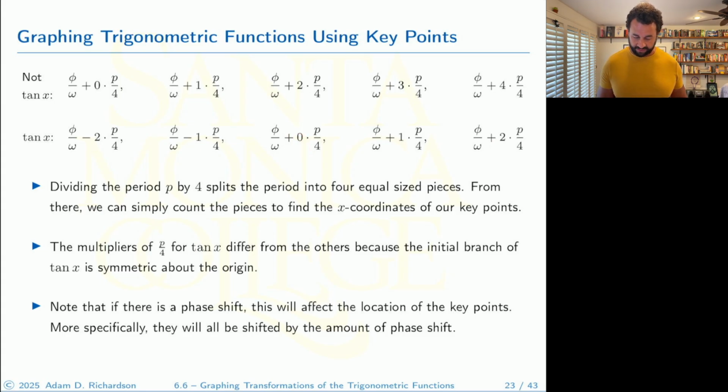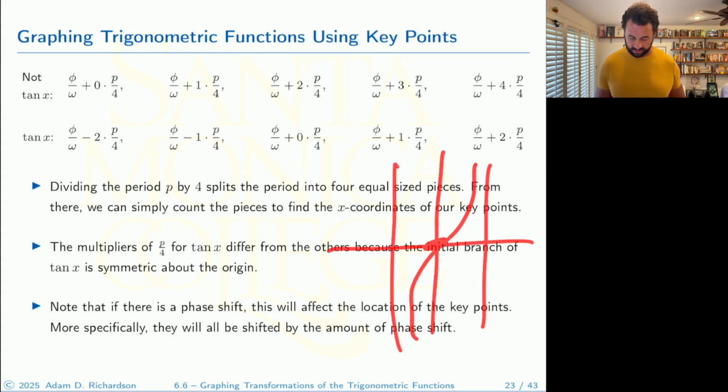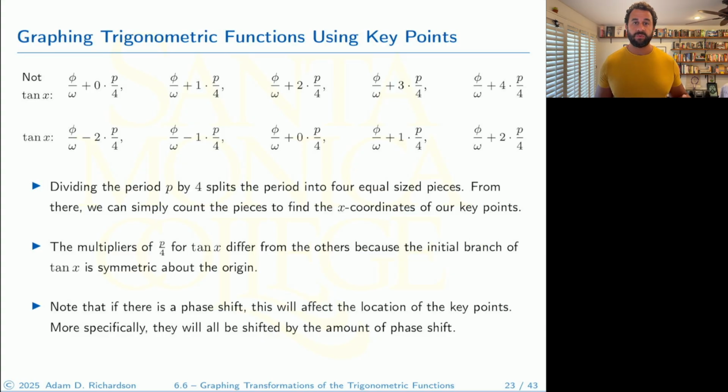Because remember, the tangent graph looks kind of like this, where that's the x-axis and that's the y-axis. So that's why the counters are going -2, -1, 0, 1, 2. Whereas for the other graphs, the counters start at 0: 0, 1, 2, 3, 4. That's it. That's the only reason. If there's a phase shift, that'll affect the location of the key points. And in particular, the key points will be shifted by exactly that amount, exactly that phase shift.